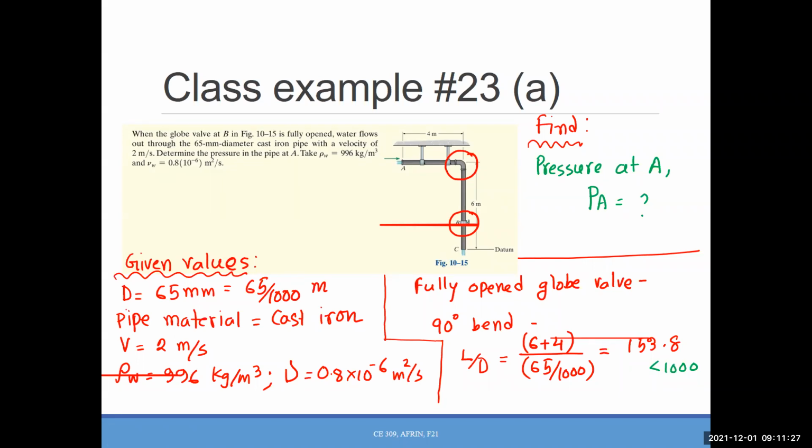Just think about point C, the water is coming to the atmosphere. So you can consider the pressure at C is 0, right? So we can choose 2 points. And since we need to find the pressure at A, let's apply the energy equation in between A and C. So that will give us at least one 0, and at the same time, that will help us to find the unknown. Okay, so let's do that.